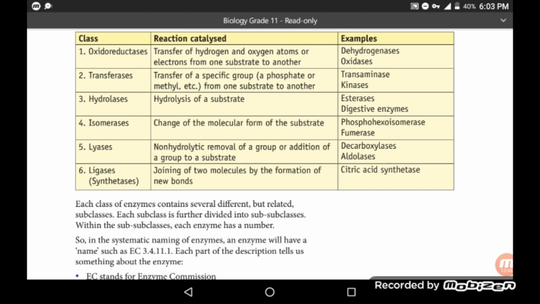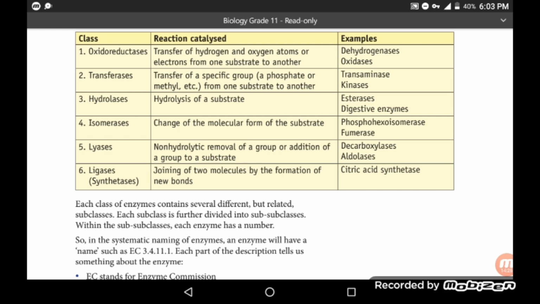So a group is either removed or added in a non-hydrolytic way, such as a methyl or hydrogen group. Examples are decarboxylase, which removes a carboxyl group, and aldolase, and this one involves a nitrogen group.